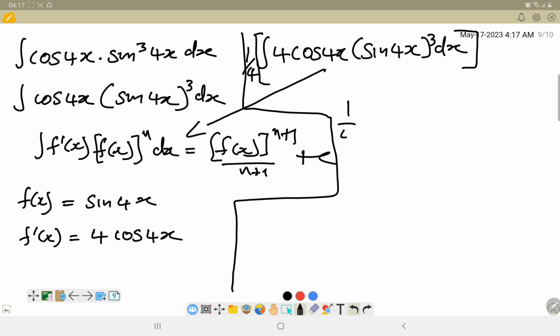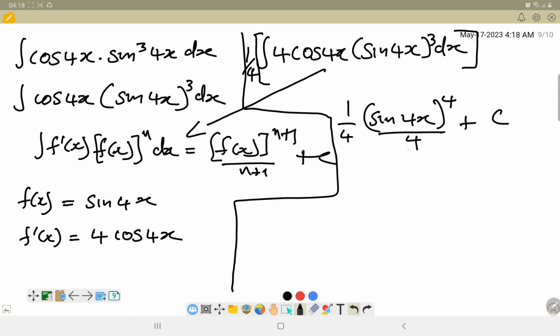So therefore 1 over 4 is outside the integral, it's a constant. Our f of x is sine 4x. So we will end up having sine 4x, and our n is 3, so n plus 1 is 3 plus 1, which is 4, over 4 plus c.